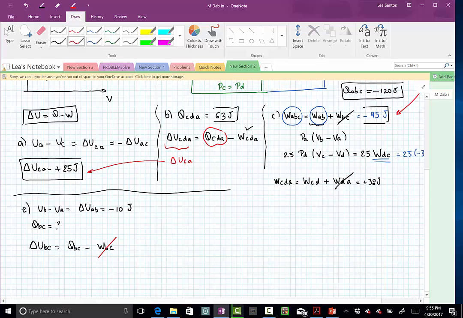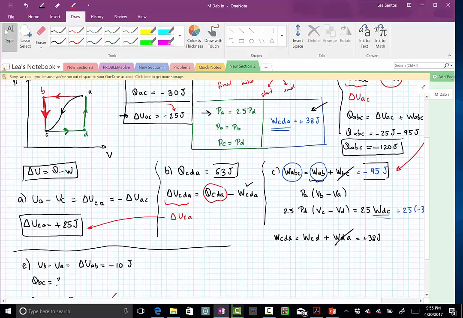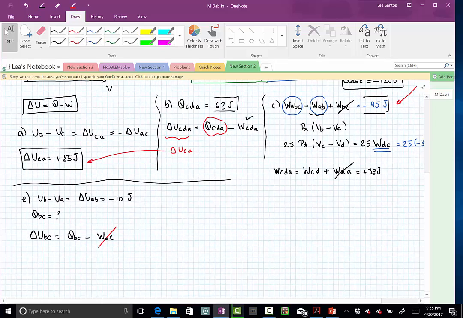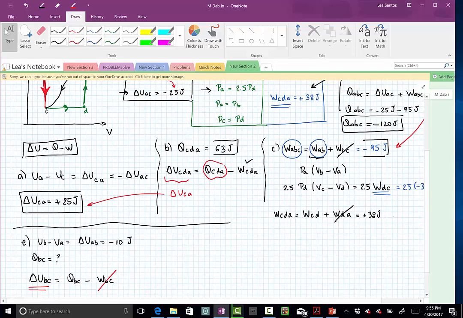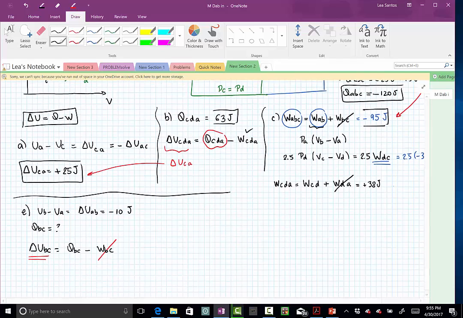So all that I need to do to obtain the heat to go from point B to point C is to find this change in internal energy. Well, they didn't give us that directly, but what did they give us? Well, we have this delta UAC. We obtained that.